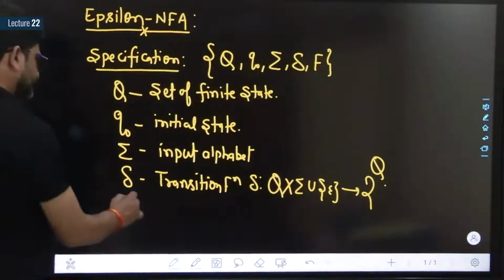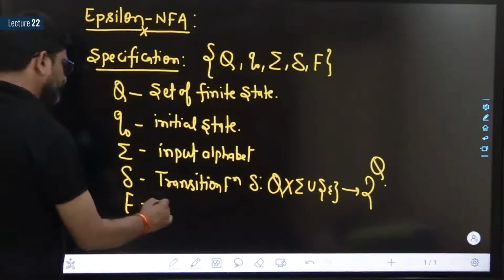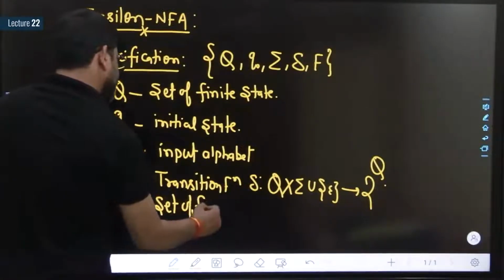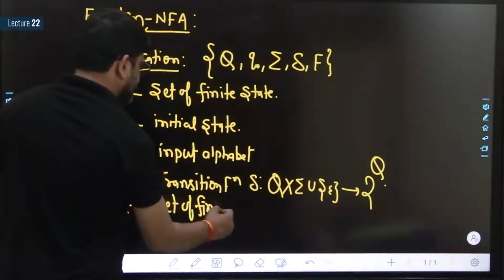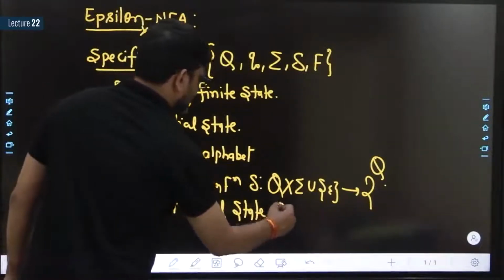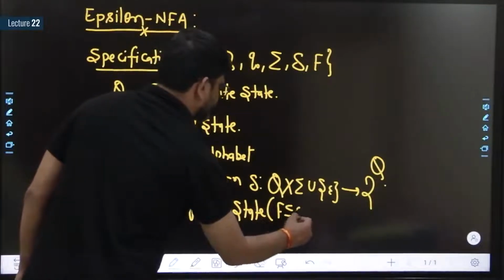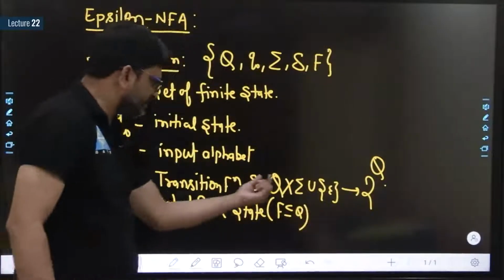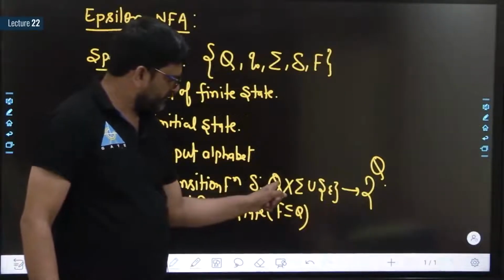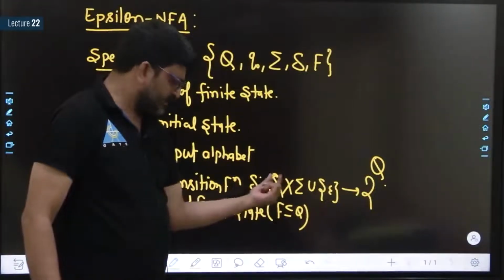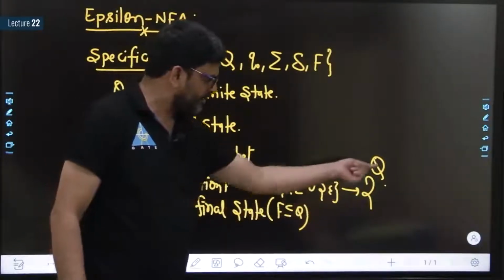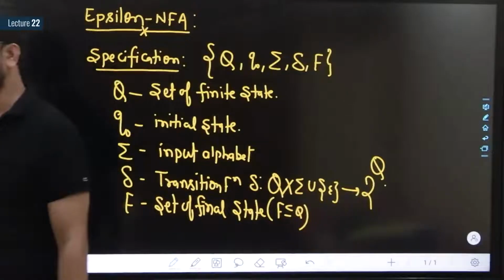What is F? Set of final states. F is a subset of Q. Clear? What do you mean by this? On Q, any state seeing epsilon, we can move any number of states.